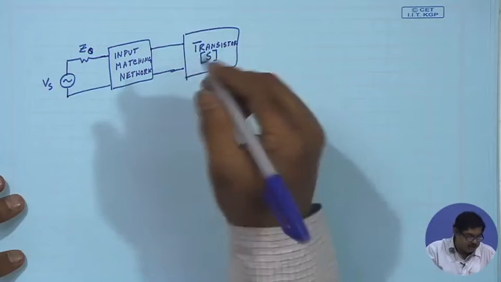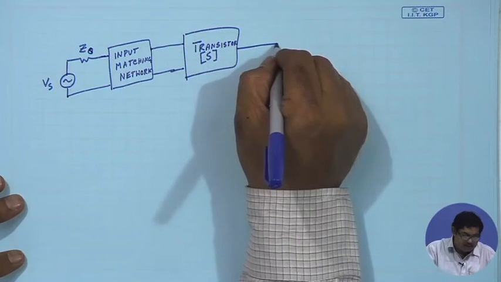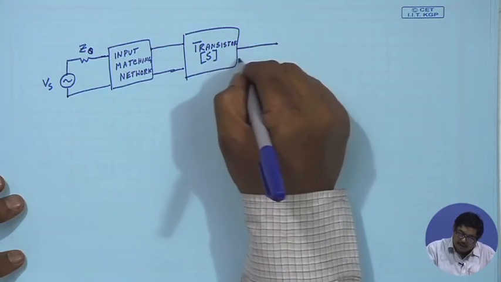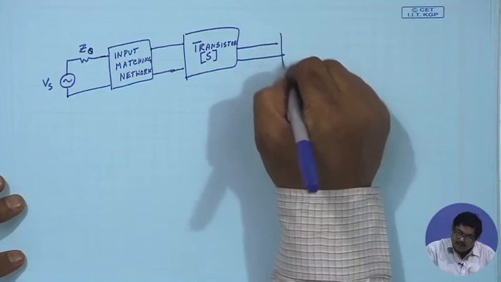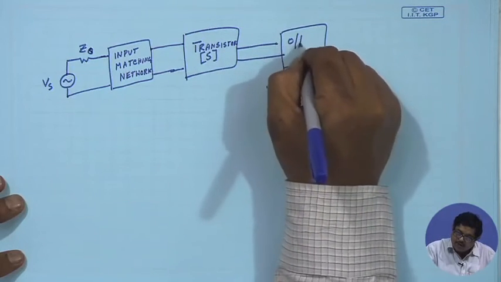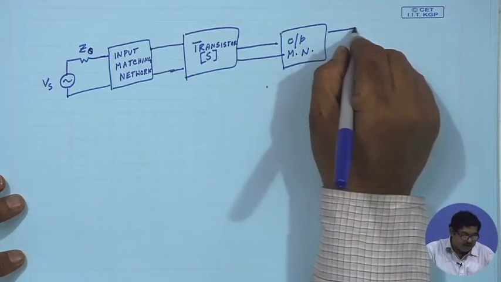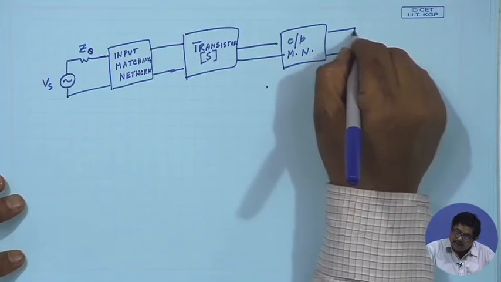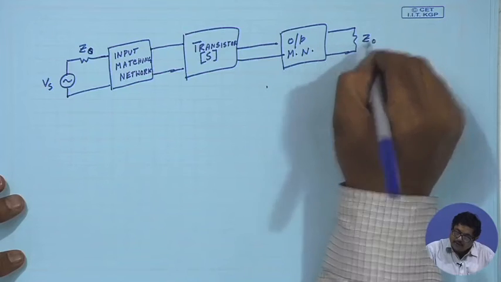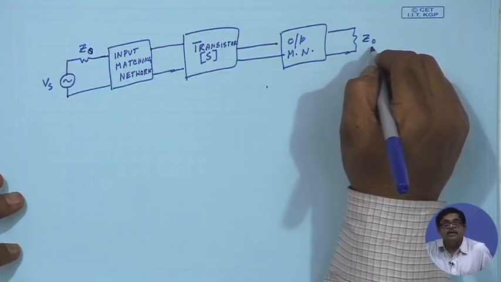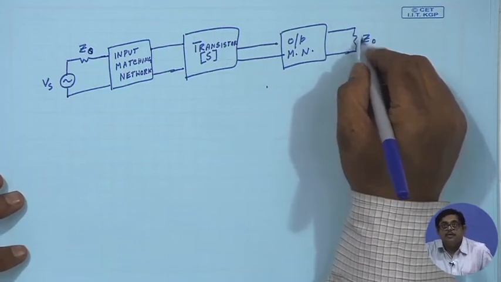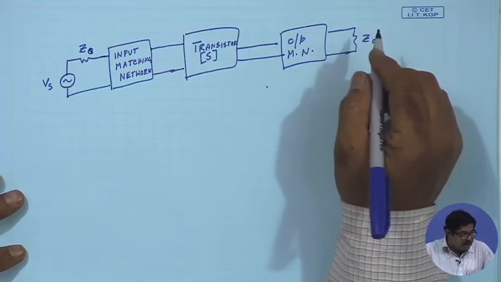Then there also will be an output matching network, and due to this output matching network, instead of ZL I will terminate by Z0.